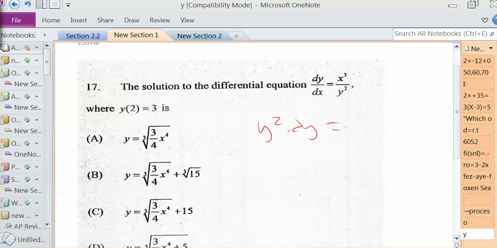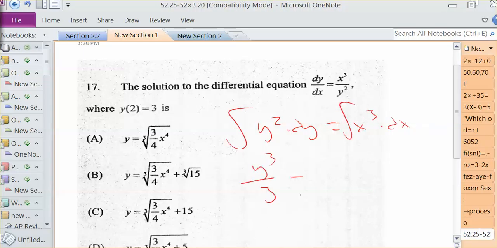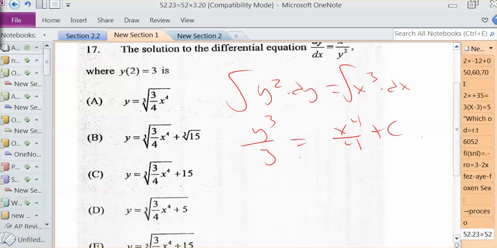Separate, integrate, kind of rhymes. Substitute.